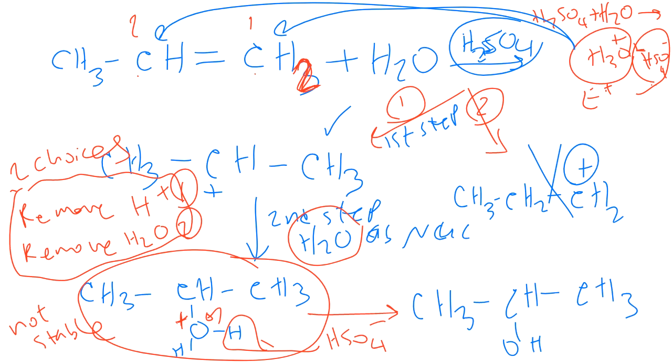Net result, going from our reactant to product, what's the net result? Hydrogen added to the carbon with the most number of hydrogens, OH added to the carbon with the least number of hydrogens. This product is called the Markovnikov product. This reaction is called hydration of alkene.